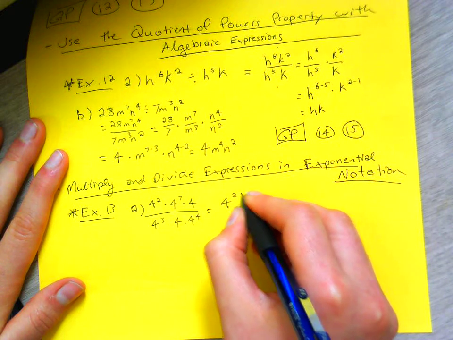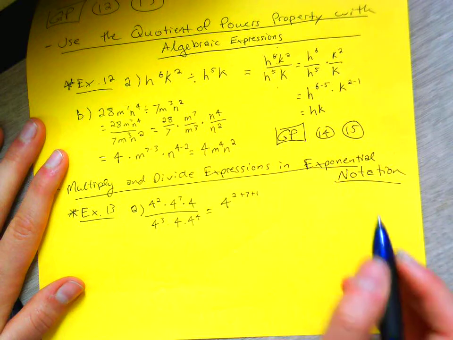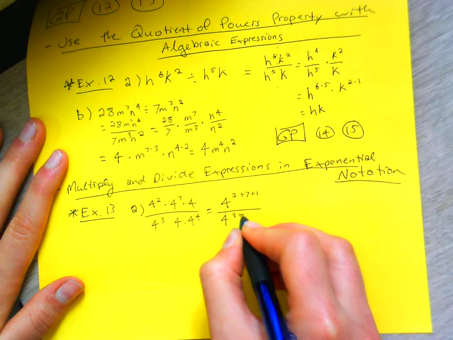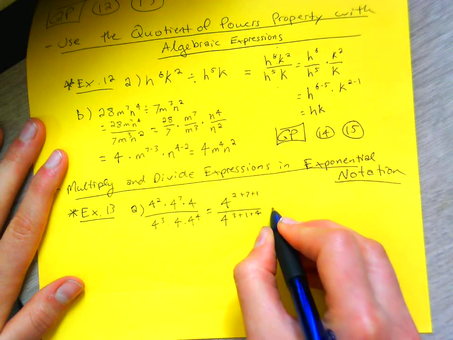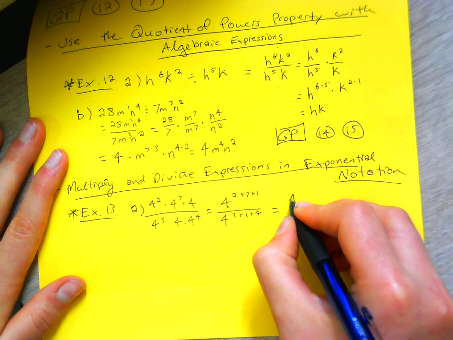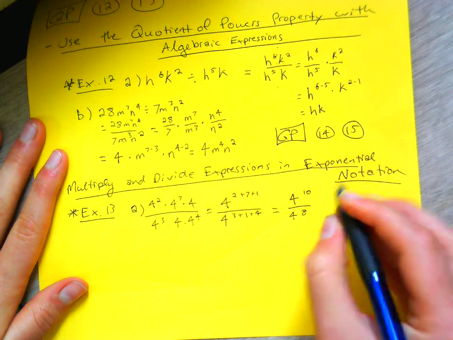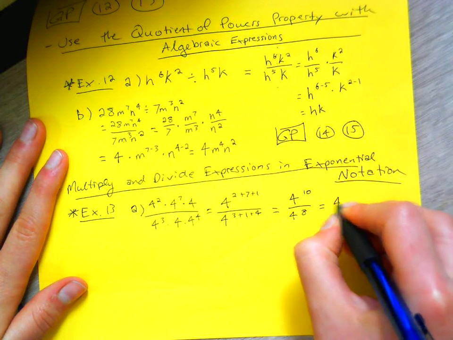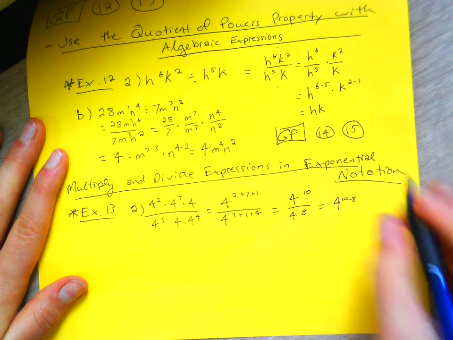Remember, if there's nothing written here, it's an assumed 1. On the bottom, 3 plus 1, there's the assumed 1, plus 4. That equals 4^10 over 4^8. When we're dividing, we know we can subtract, so now it would be 4^(10 minus 8), which gives us 4 squared.